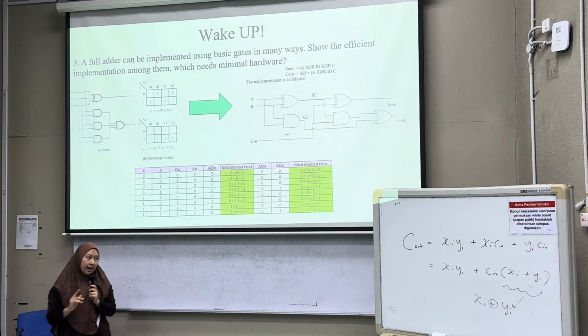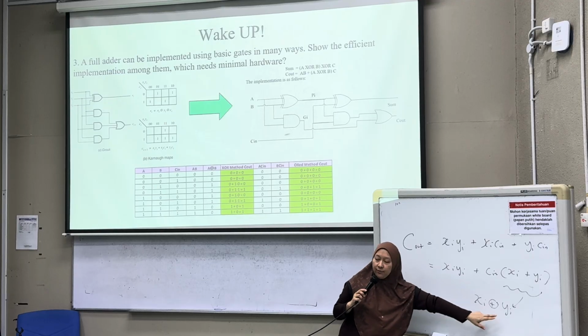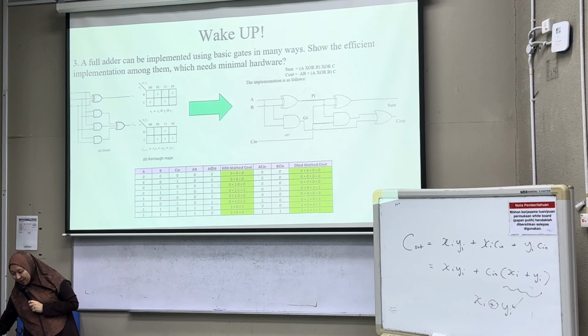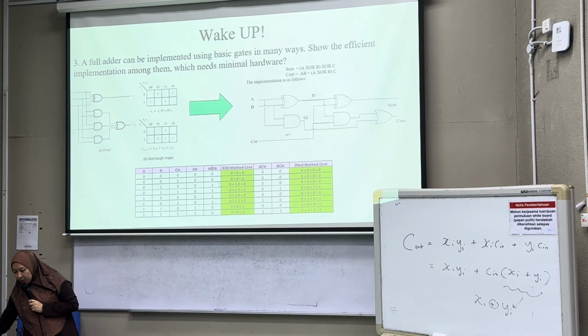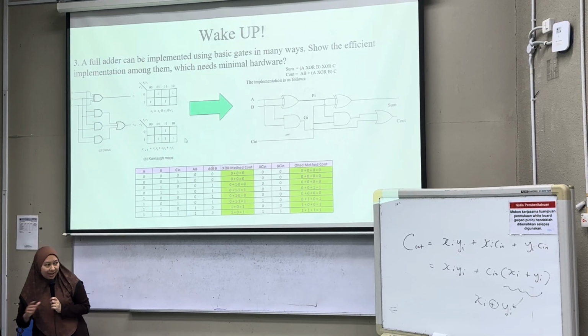If I were to find A XOR with B, which is Xi XOR with Yi, that is the green column here. And then the C out is AB ORed with C in ANDed with the A XOR B, which is this one I showed you just now.